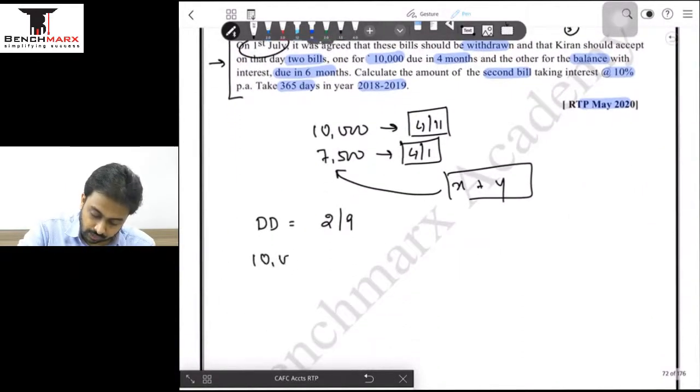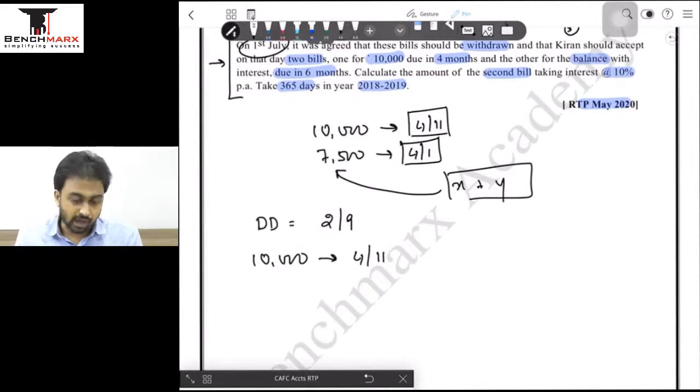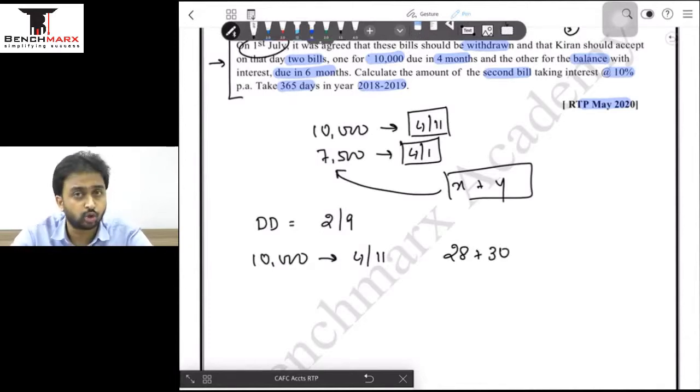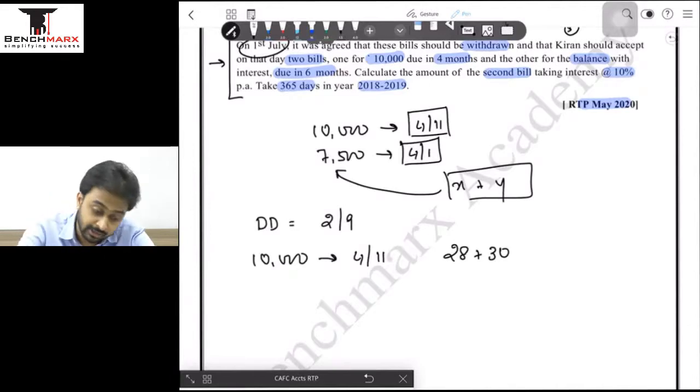Now the 10,000's due date is going to be 4th of November. How far is 4th of November from 2nd of September? Can I say 28 days of September to travel till the end of September, plus 31 days of October to travel to the end of October, and then plus 4 days because the due date is 4th.